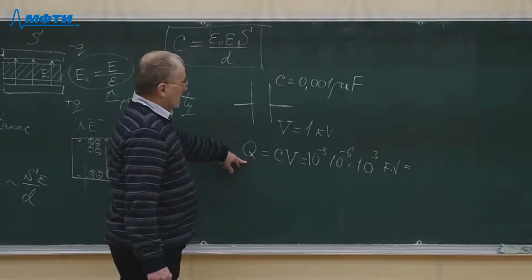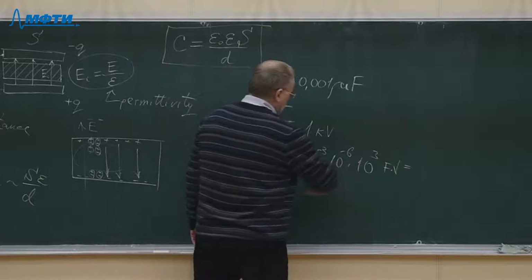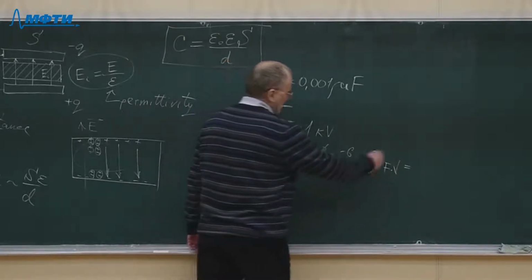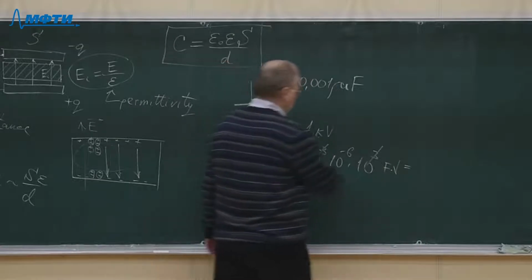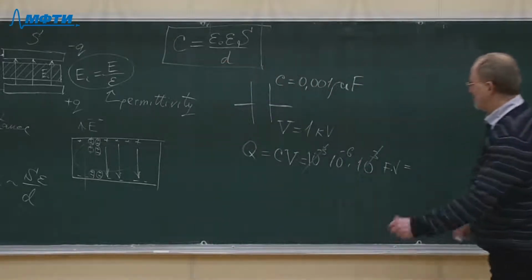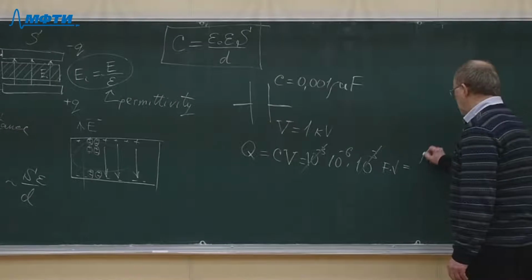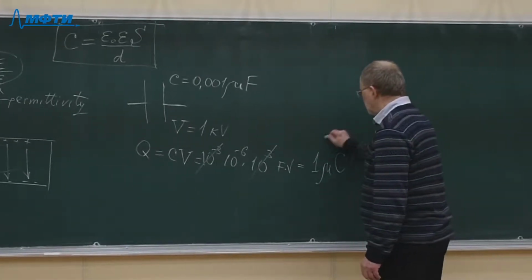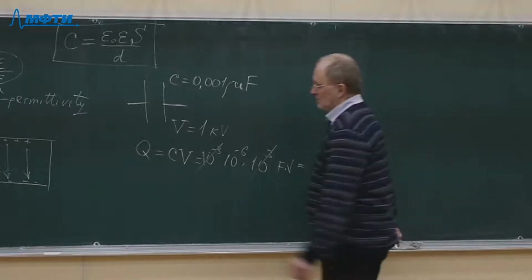In order to calculate it, it's very simple. We see that 10 to the power of minus 3 will cancel with 10 to the power of 3, and what remains is 10 to the power of minus 6, that will be 1 microcoulomb. Such will be the charge on the capacitor, 1 microcoulomb.